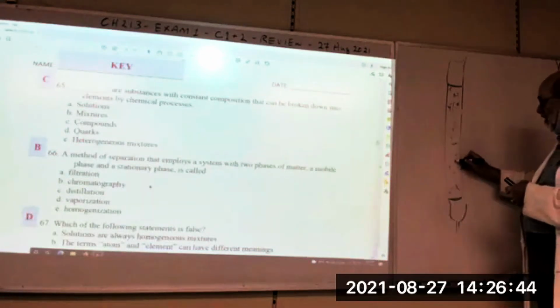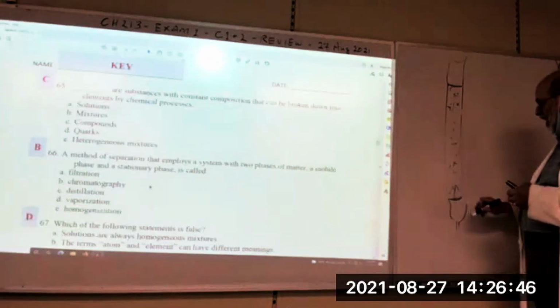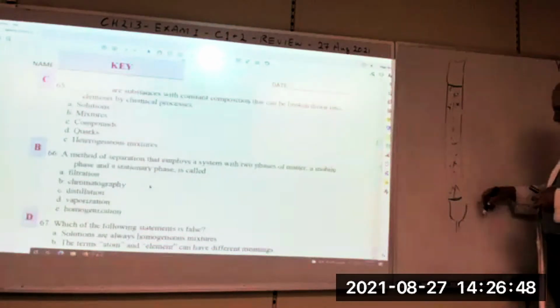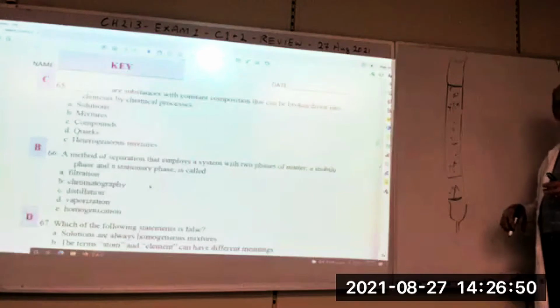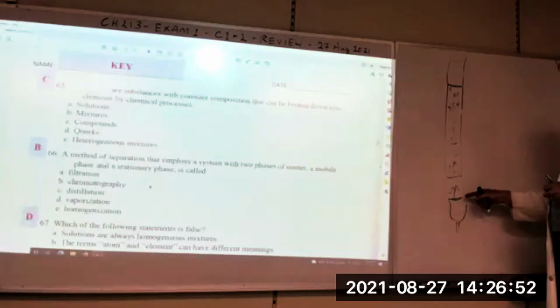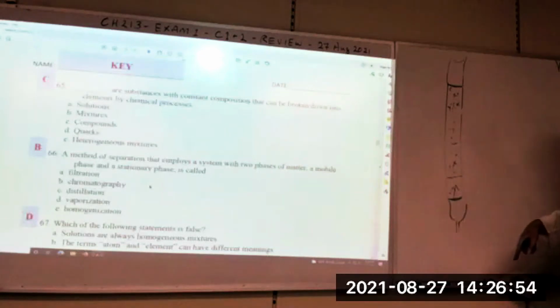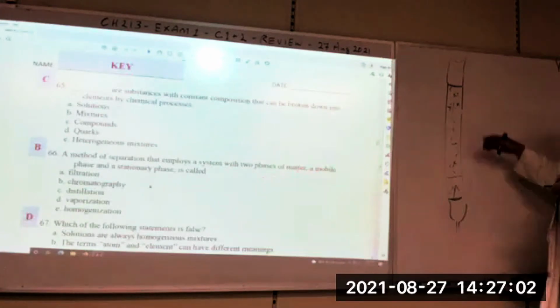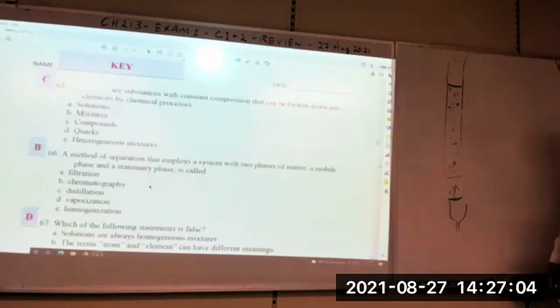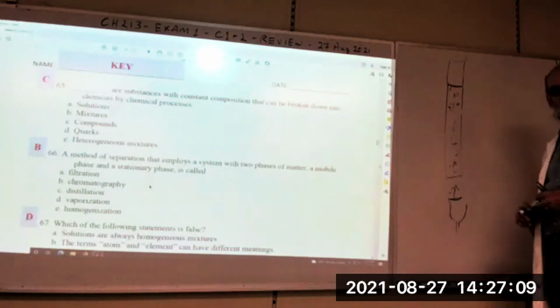So actually down here, you get X's here and Y's there. And then these are known as fractions. So this fraction comes out first because it's less attracted to the stationary phase. It spends more time in the mobile phase, which means it's moving faster. That's one type of chromatography. This is column chromatography.